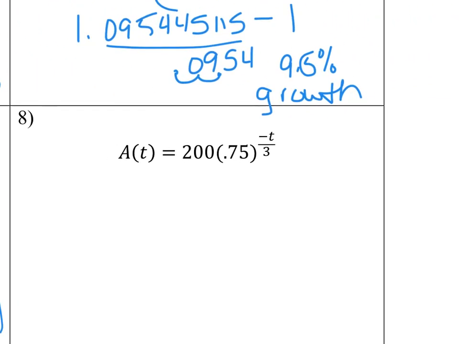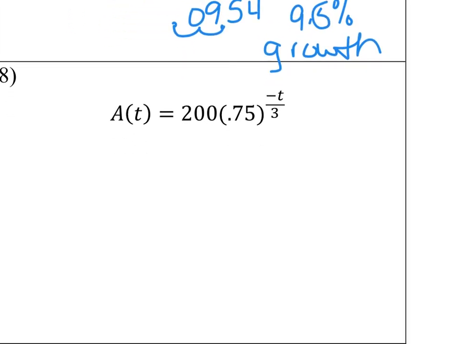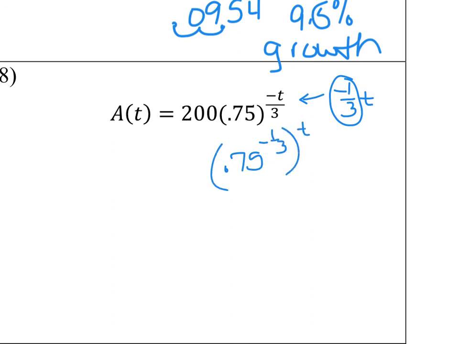Okay, and then here, same thing. This one is negative. We want, remember, negative 1/3 times T is the same as that. So I have to bring that 1/3 inside. Okay, that 200 really isn't necessary to find the percent rate of change.